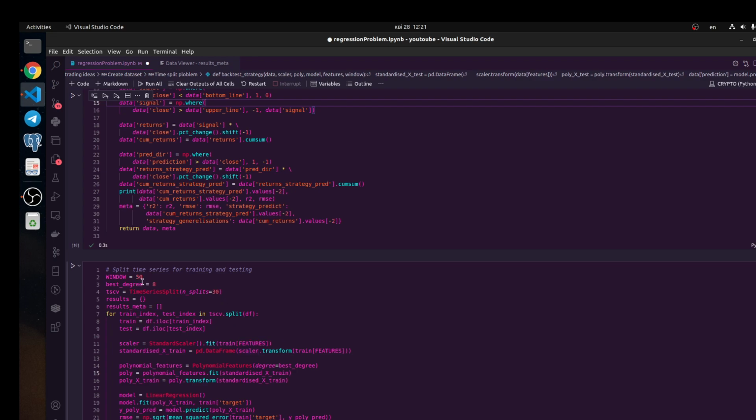Also, you could tune the best degree parameters, which are the parameters to create polynomial features. If you use very high parameters, the calculation of our process would be harder, but in general the calculation would be profitable also.